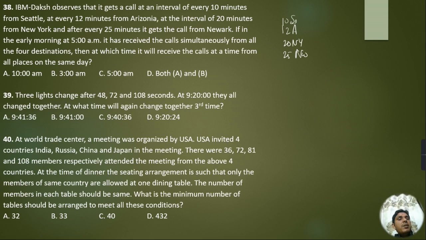If in the early morning at 5 a.m. it has received calls simultaneously from the four destinations, then at what time will it receive calls from all the places at the same time on the same day? So students, we will discuss this question in the next video. Thank you so much.